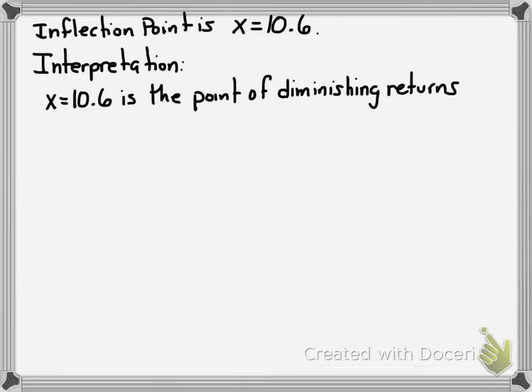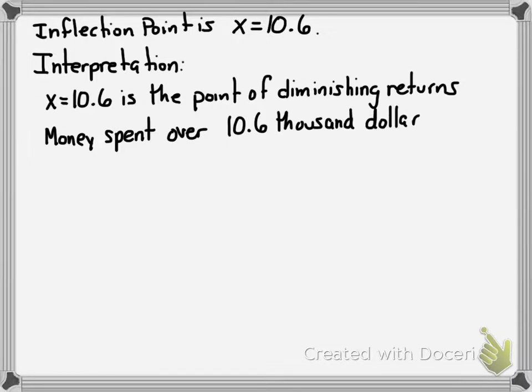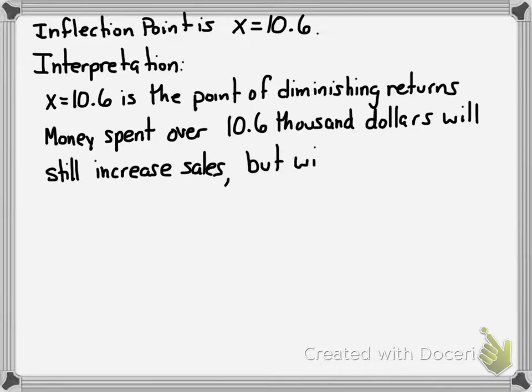So 10.6 is the point of diminishing returns, and money spent over $10.6 thousand will still increase sales but with less increase per dollar spent.